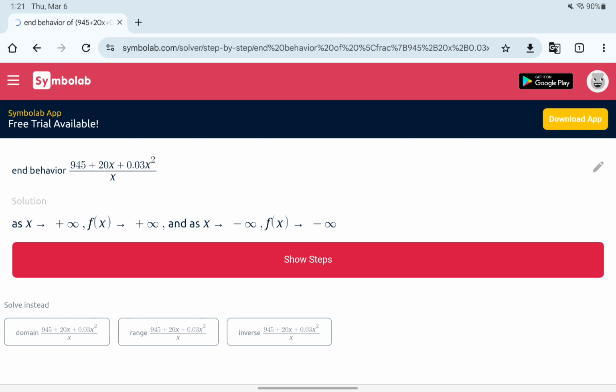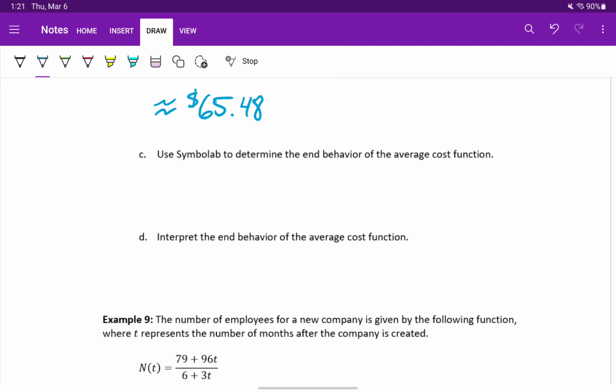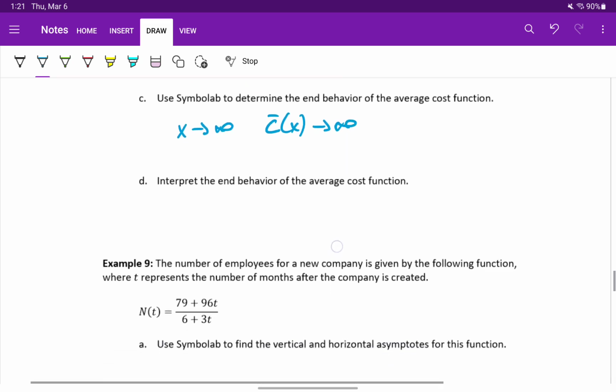The second half of that doesn't have any practical meaning for us because production can't dip below 0, but what we do care about is the end behavior on the right. That tells us that as x is headed to infinity, it used f of x, but we know that means C bar of x is headed to infinity, and then we want to interpret that end behavior.